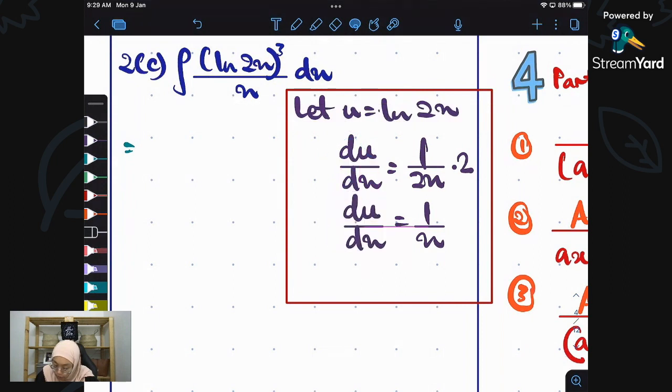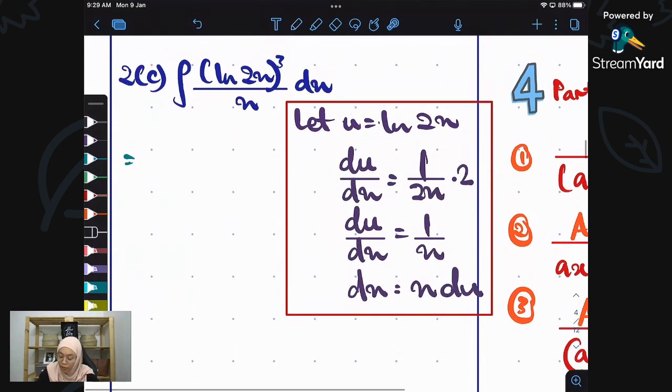And so I now want to make dx the subject. Therefore, my dx equals x du. Make dx the subject, always remember that. This is a tip. That is my way.